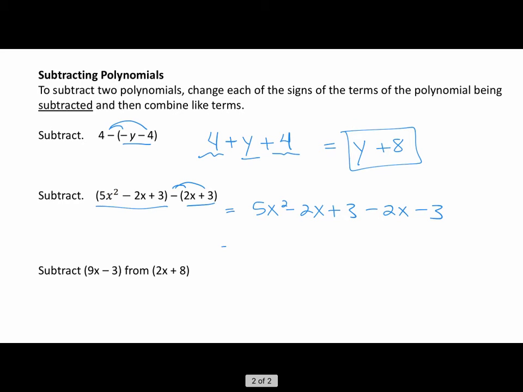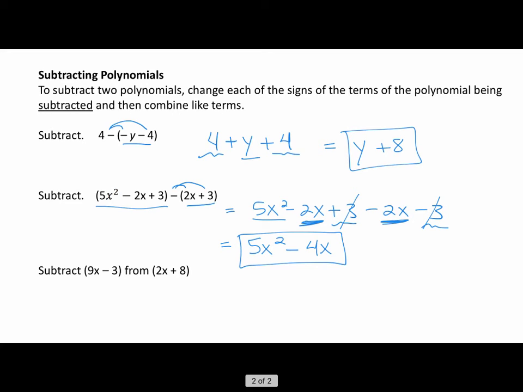Now we can simplify by combining like terms. Let's start with the highest degree, x squared, no like terms. X, we have 2 of those terms, so let's add the numbers in front. Negative 2 plus negative 2 is negative 4x's altogether. And the constant term, 3 minus 3. Well, that adds to 0, so there is no constant term here.